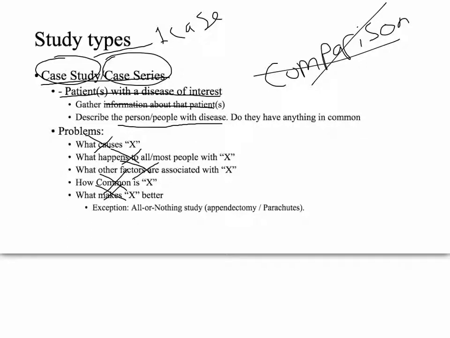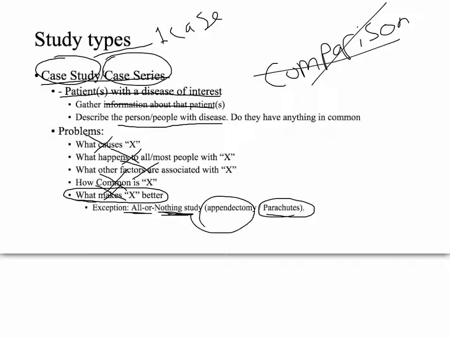The exception to this rule, the best treatment, whenever you're talking about case studies, they're called parachutes or all or nothing. So if you do something to all people and they always get better rather than the nothing that we had before, an example of this is an appendectomy. Before, a lot of people with appendicitis would die.